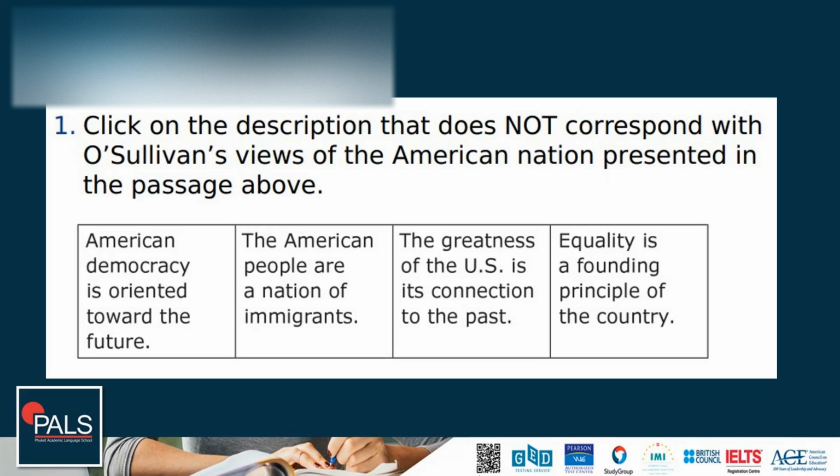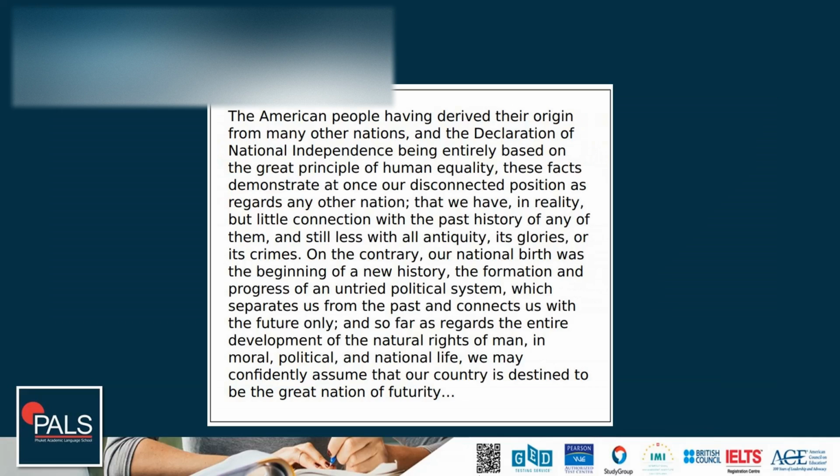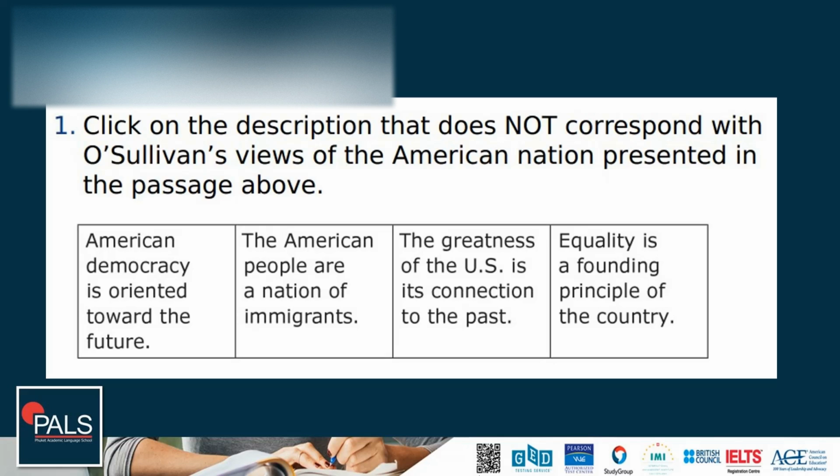Let's see if the last one is not also, or is it? Equality is a founding principle in the country. Well, if we look right up into the second sentence, it's a run-on sentence, the first sentence, being entirely based on the great principle of human equality. So that is one of the ideas espoused in the text.